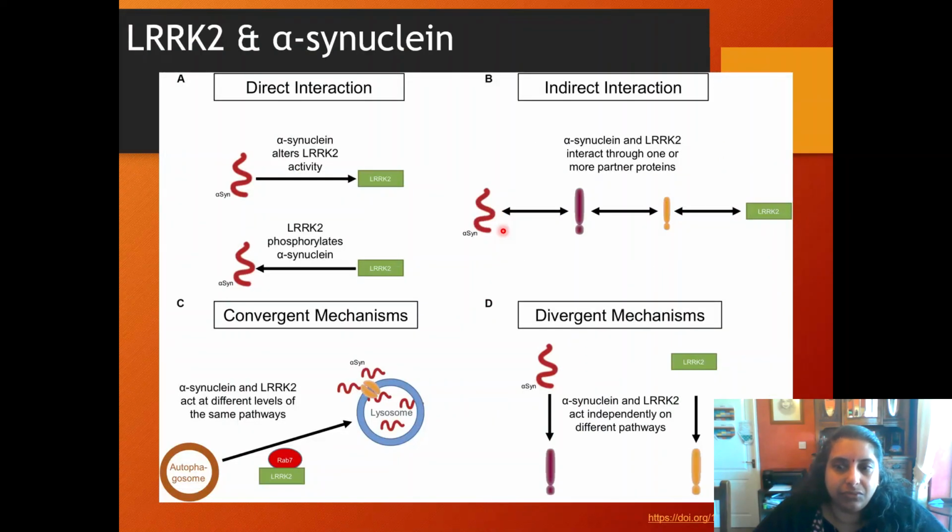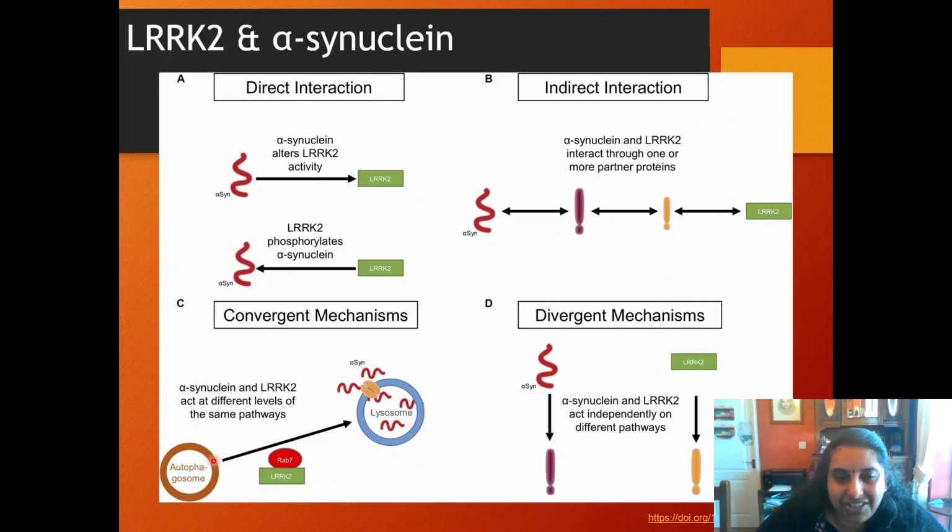So what about alpha-synuclein and LRRK2? There are some different theories about what's going on there. So one possibility is that alpha-synuclein directly alters LRRK2 activity and that LRRK2 phosphorylates alpha-synuclein. There could be an indirect interaction. They interact through one or more partner proteins.